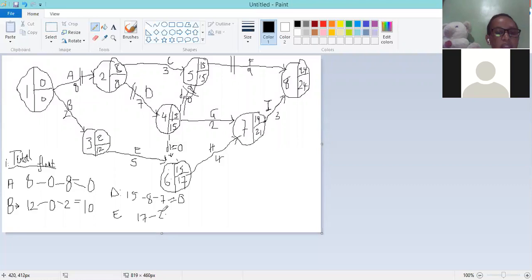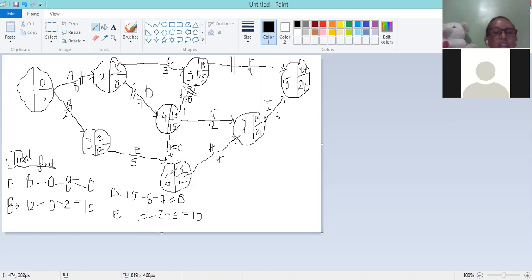And then I minus 5, the duration of activity E. And as you can see, this is going to give us a value of 10. Again, the reason we get a non-zero value here is because activity E was a non-critical activity.